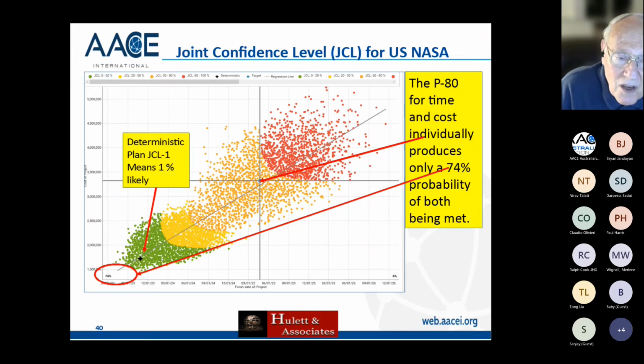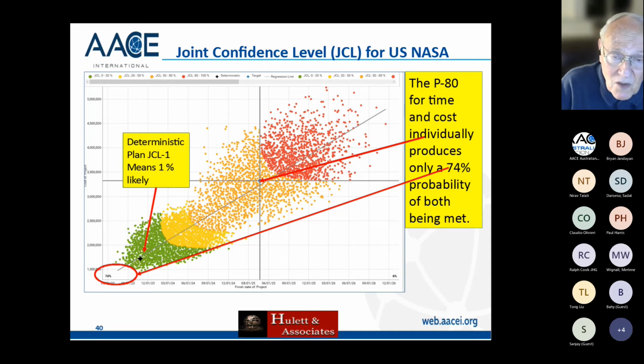Now notice the left hand way down at the bottom, in the green, is a deterministic plan. That's only 1% likely to happen with success on cost and schedule if you're using the deterministic plan. We're using the term joint confidence level, or JCL, which the United States National Aeronautics and Space Administration coined.